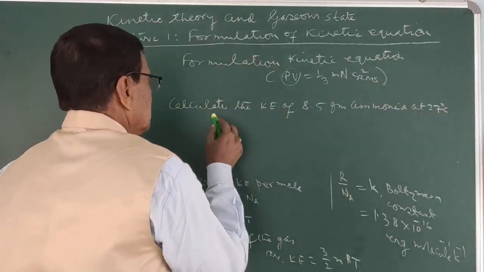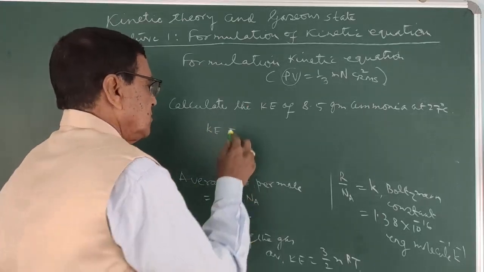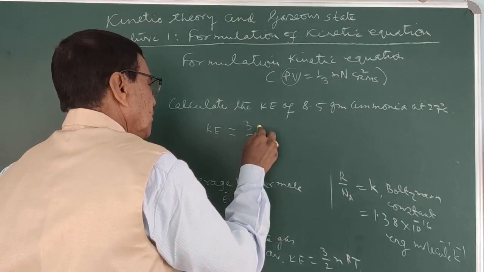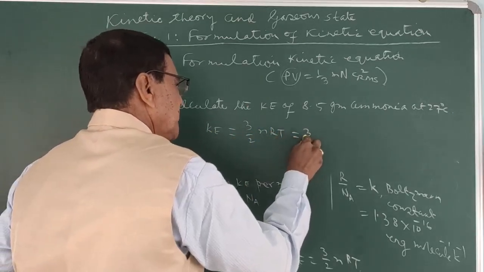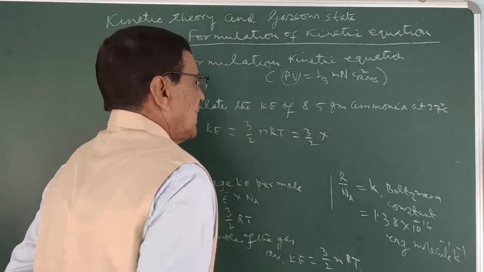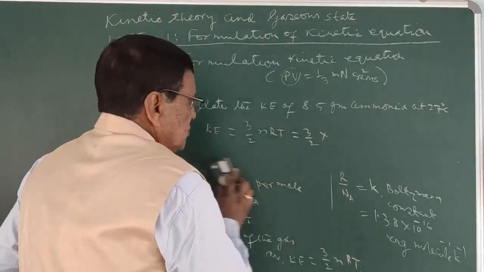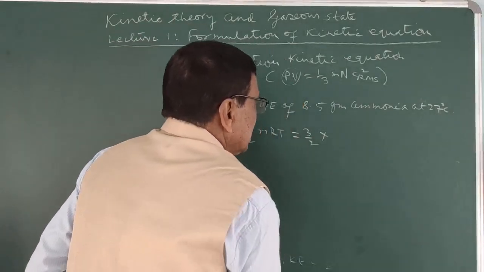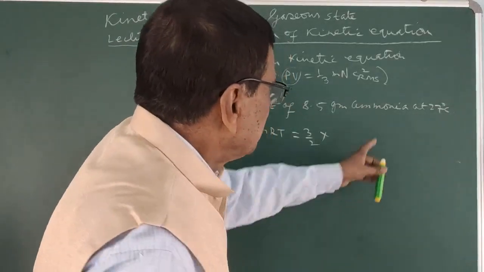So this average kinetic energy will be equal to 3 by 2 nRT. How much will be the number of moles? Molar mass is 17 gram per mole for this ammonia.